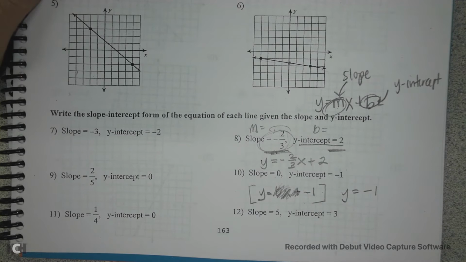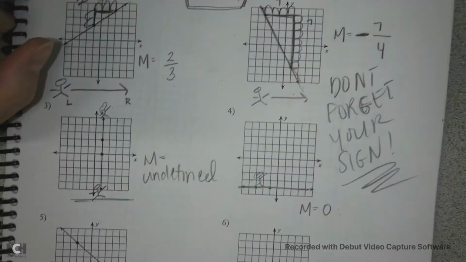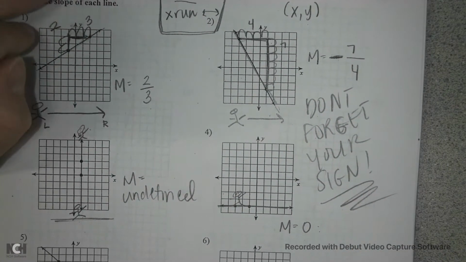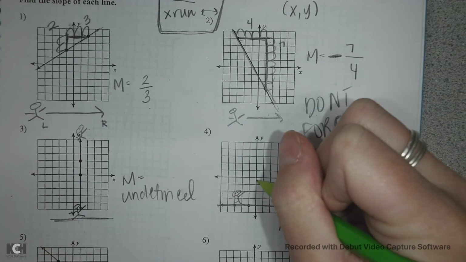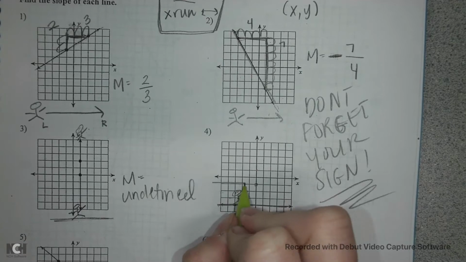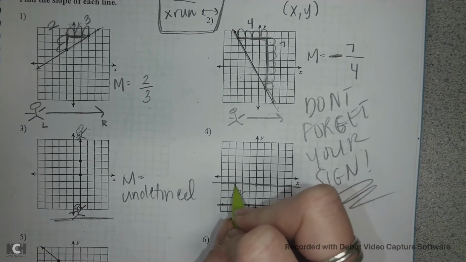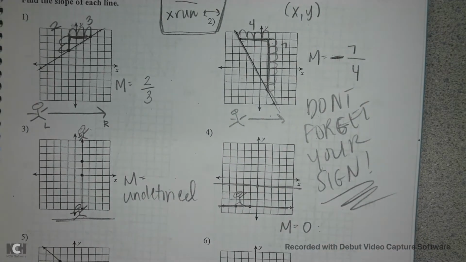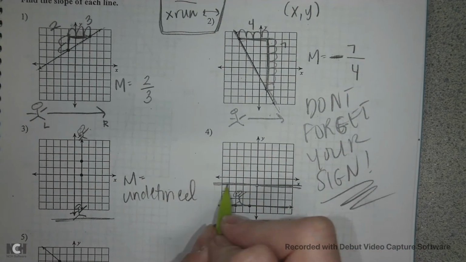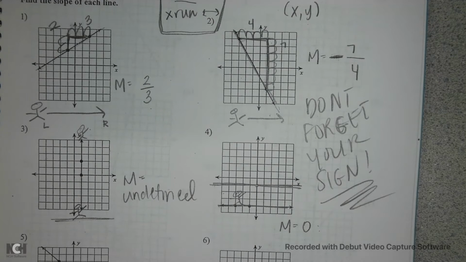Now, this graph is like number 4, if I were to graph it, remember? You go on the y-axis to where y is -1, and then it's straight across, because at every ordered pair on this line, my y is always equal to -1. So that's why this line is y equals -1.